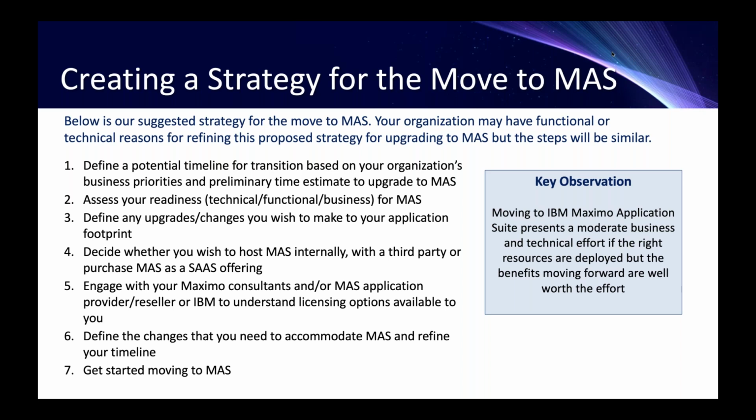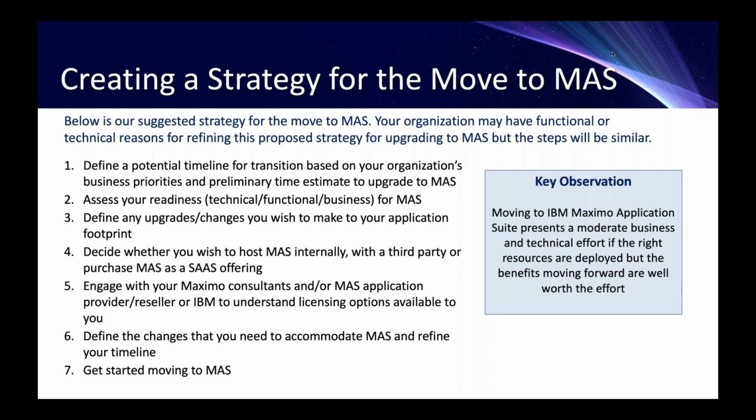And that should be a fairly straightforward exercise: figuring out how many users you have, what applications they use, and how many app points that requires. And then, IBM is probably not going to love that I'm going to say this, but you're paying IBM maintenance going forward.